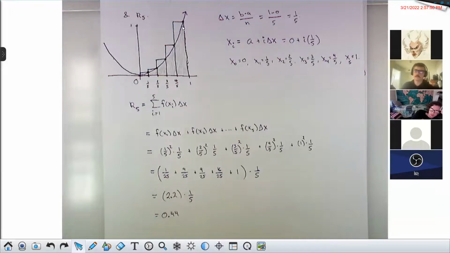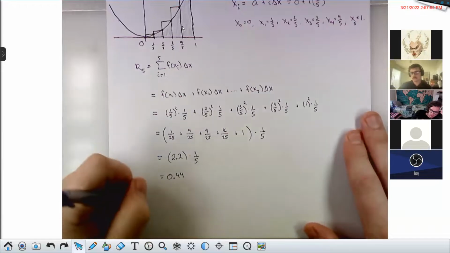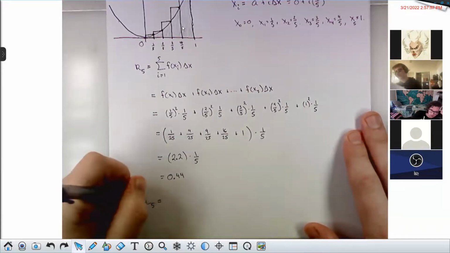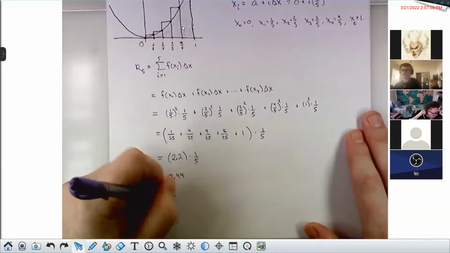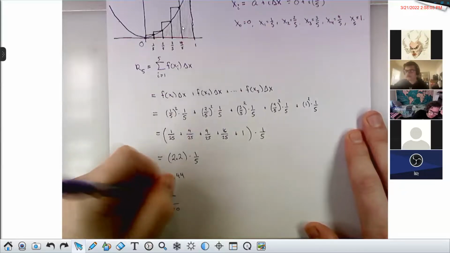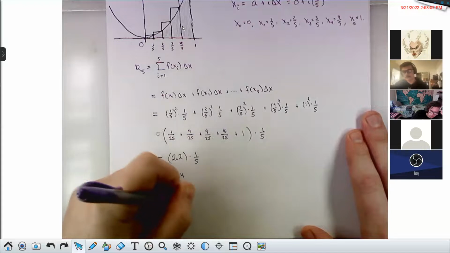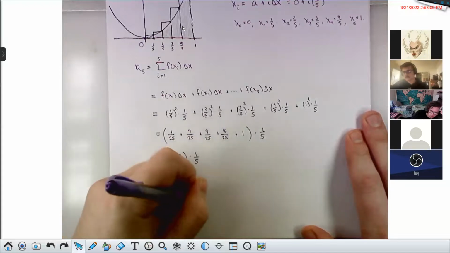Let's do the left-hand Riemann sum, L5. We know this is the sum from i equals 0 to n minus 1, so the sum from 0 to 4 of the same thing, f of xi times delta x.